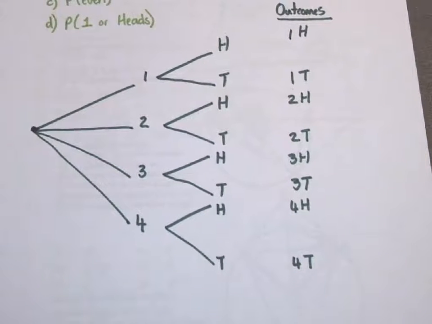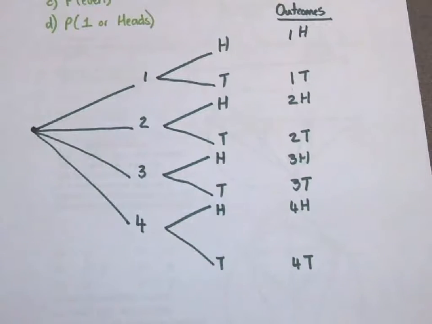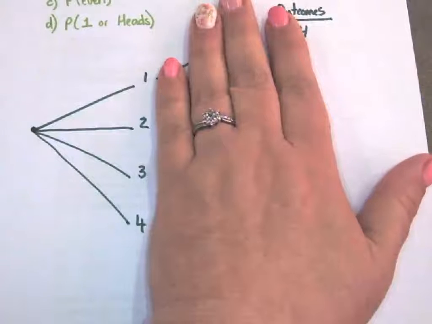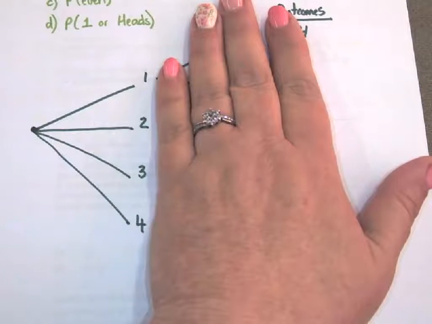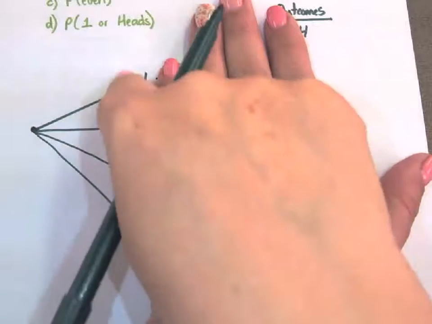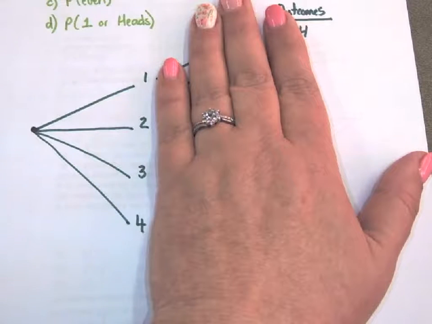Before we start with the questions, we need to write our probabilities on our branches. The probability of all of them happening at once is 1. But if you divide them into 4 options, this 1 will be divided in 4, so we get quarters.